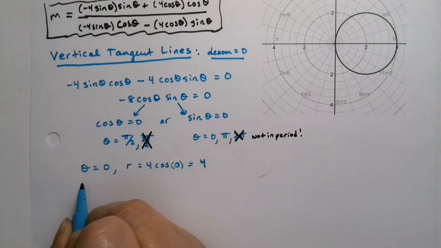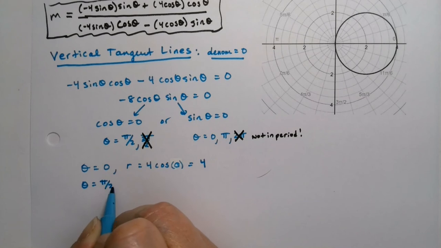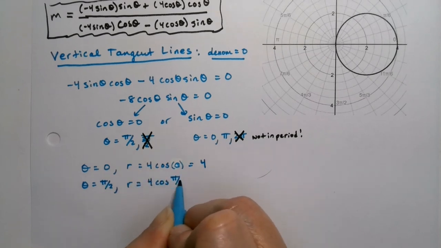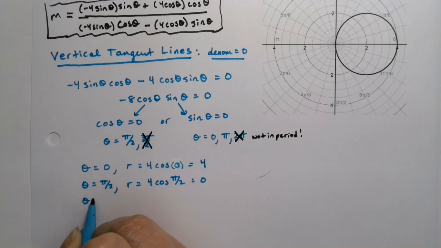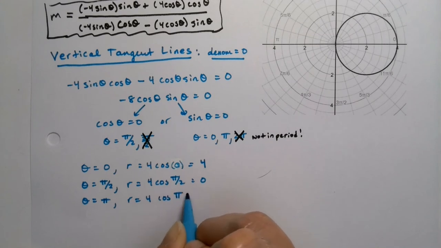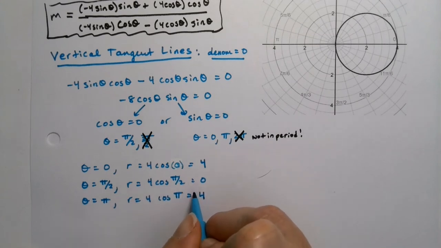Because 4 times 1. If theta is pi over 2, r is 4 cosine of pi over 2, which is 0. If theta is pi, then r is 4 cosine of pi, which is negative 4, excuse me, negative 4.